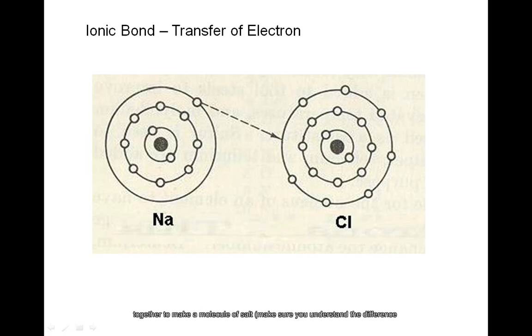This is what holds the atoms together to make a molecule of salt. And make sure you understand the difference between these ionic bonds and the covalent bonds found inside of a water molecule. Now, the chlorine atom has a negative charge because it has gained an electron, while the sodium atom carries a positive charge because it has lost an electron.